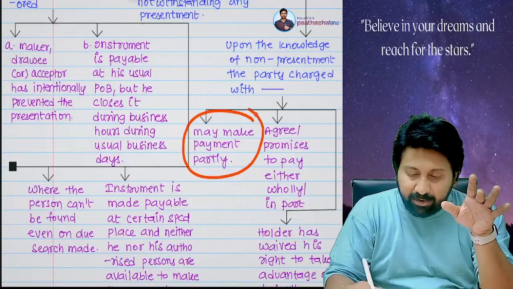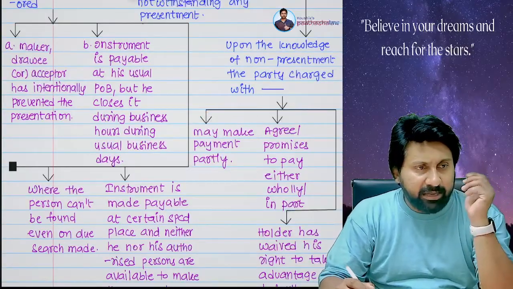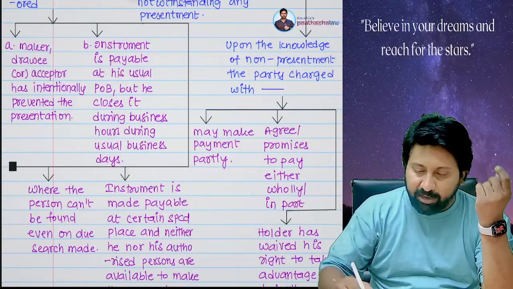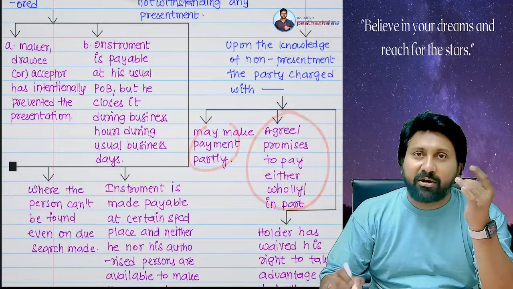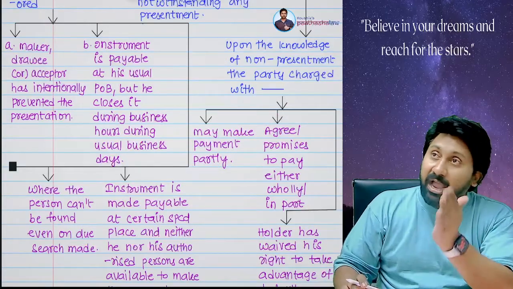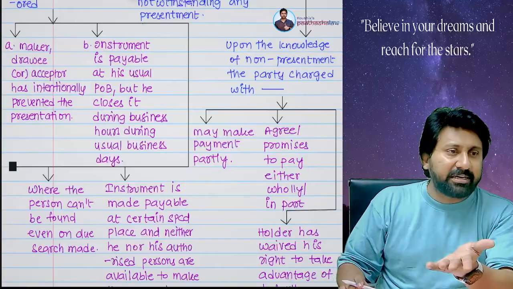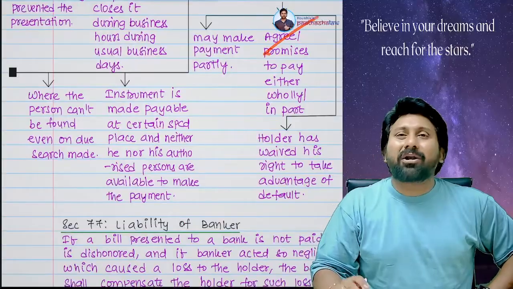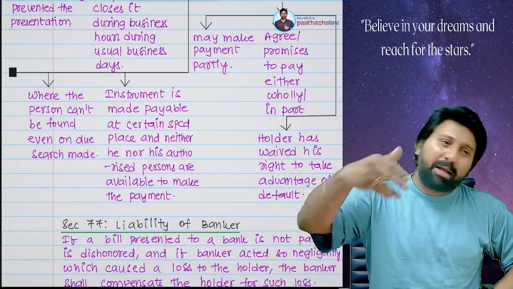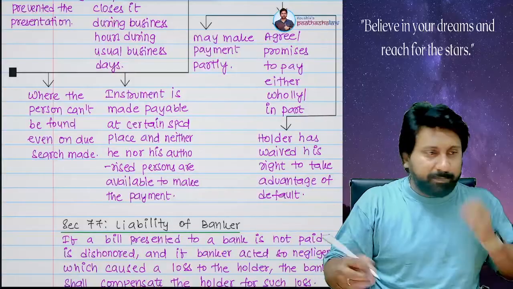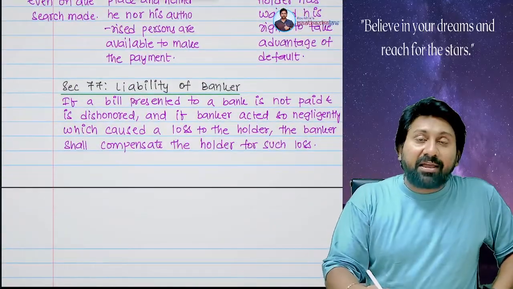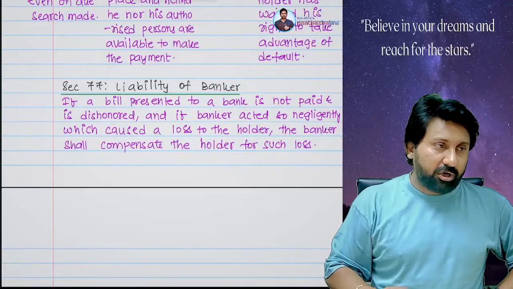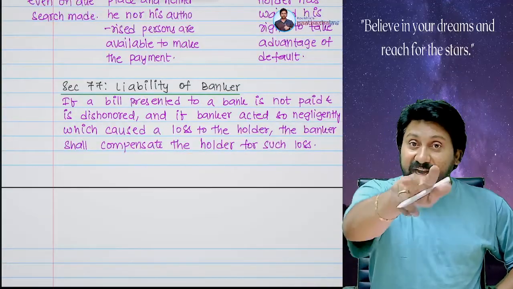The drawee made a payment partly. Means you need not present, sir. I will only pay, but I can pay only partly. Remaining I will pay later. Okay, or agree to pay either wholly or in part. He said, sir, today I can't pay anyway. I will pay after some number of days. Then you need not present, because even if you present, I can't pay anything today. I agreed to pay. Next, holder said, sir, you are my friend, na? No problem, I am waiving it. You pay whenever you want. Then also presentment is not required. If the banker commits any delay, then banker also will become liable and he has to compensate the holder for such loss. Okay, because banker is a drawee, secondary liability is there.